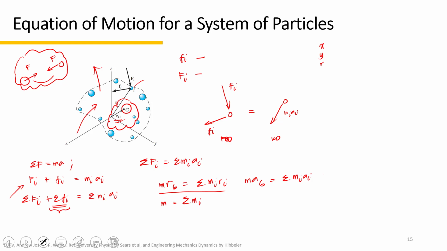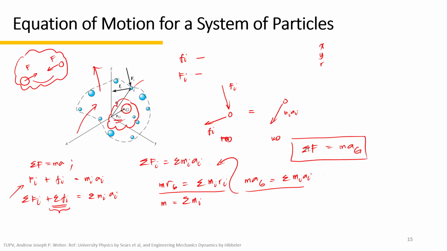And substituting this into this would result to F is equal to m a_G. Therefore, the net force that acts on the system of particles is equal to the total mass of the system of particles times the acceleration of its center of mass.